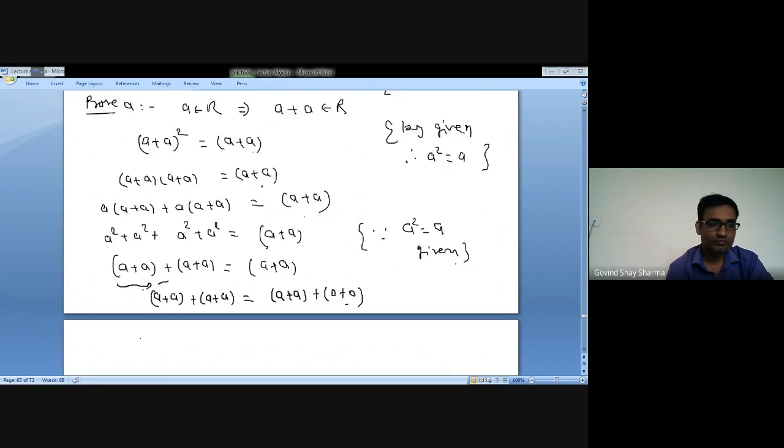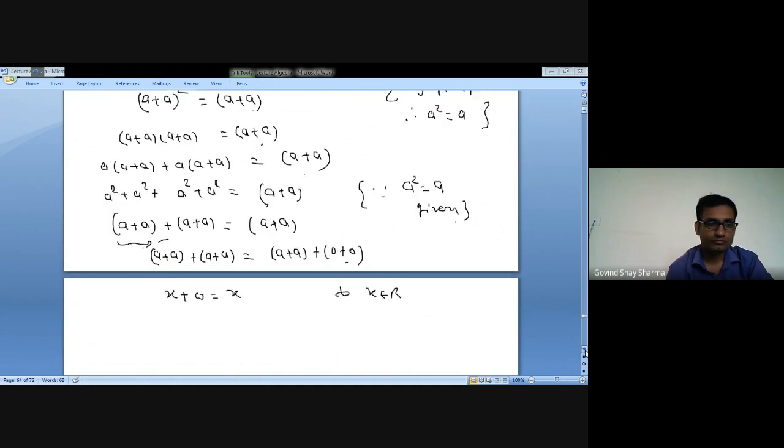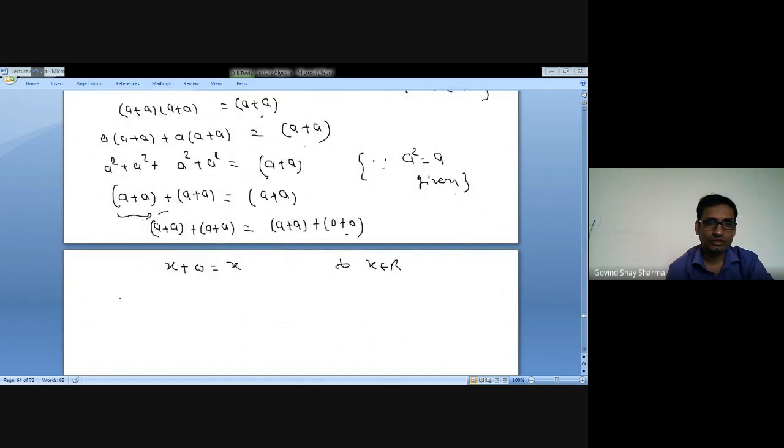So x plus 0 is equal to x for all x belongs to R. So we can write a plus a is equal to 0 by left cancellation.